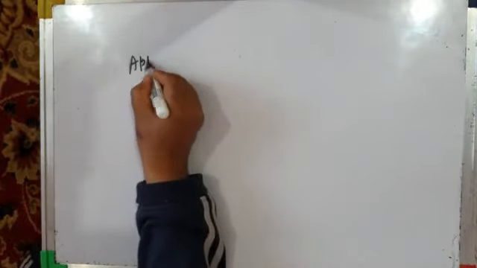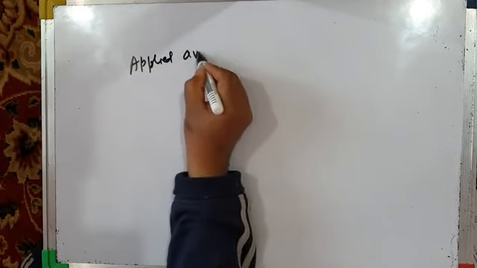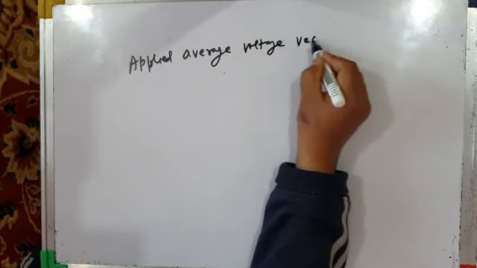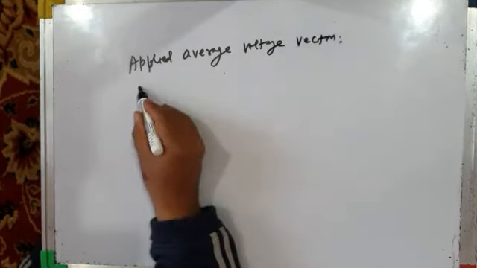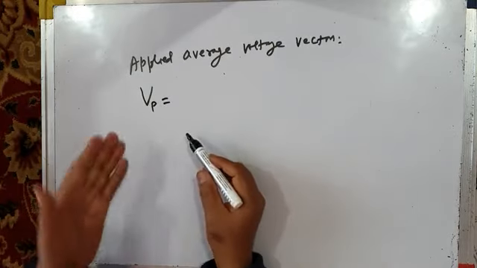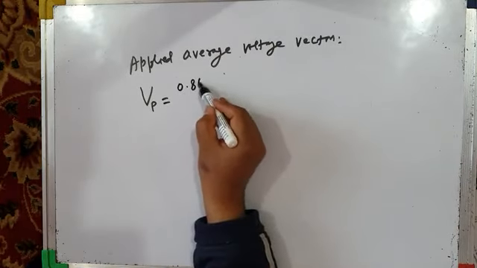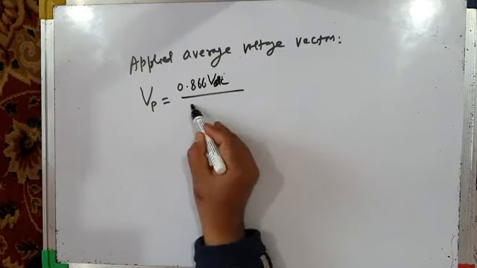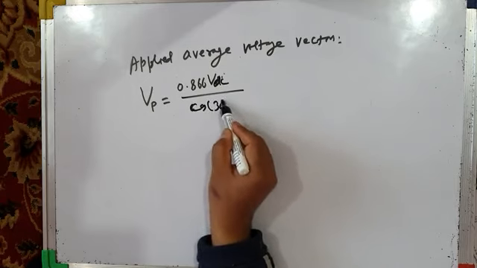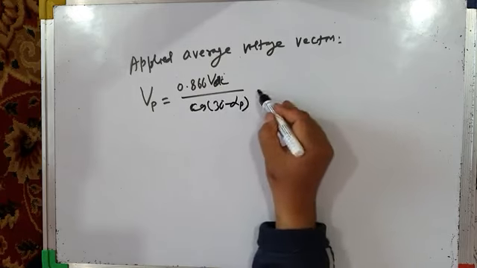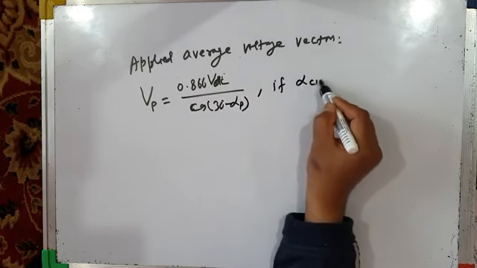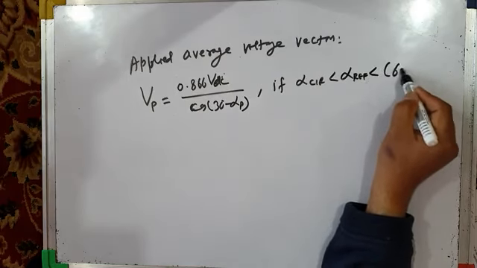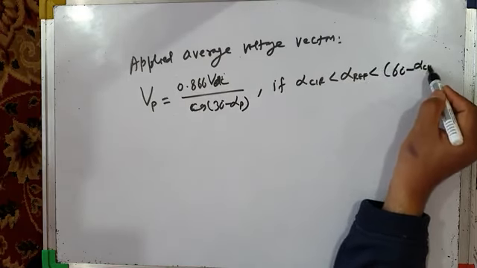So therefore, I will write here applied average voltage vector. The applied voltage vector, in general we call it Vp, is given by this formula: 0.866 VDC by cosine of 30 degrees minus alpha p, if alpha circular is less than alpha ref, less than 60 degrees minus alpha circular.